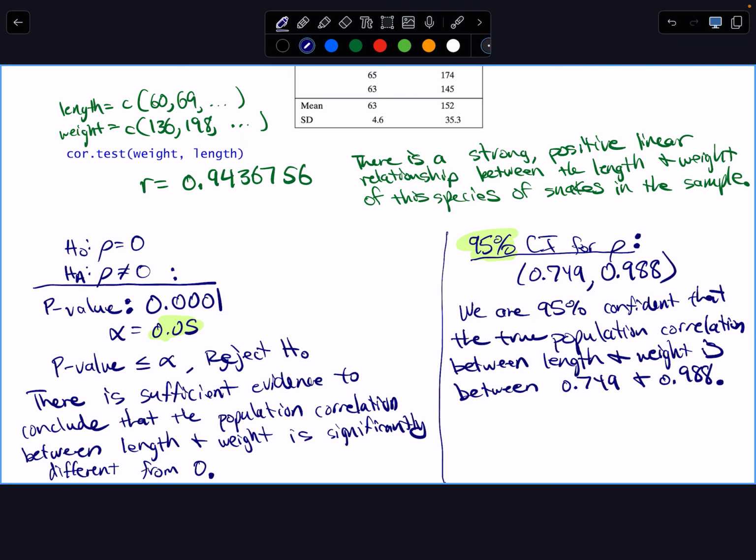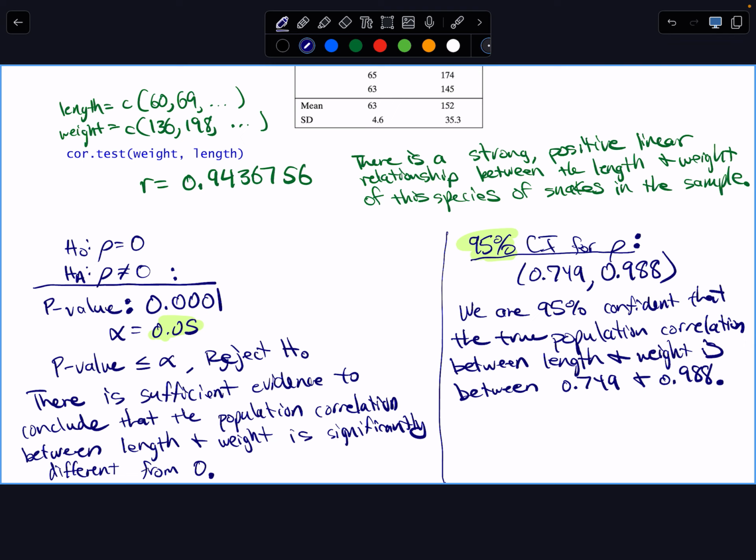So if I look at my number line and put my confidence interval on there, and I see that 0 is not in the bounds of that confidence interval, I'm going to reject my null, right? That is the case here. 0 is over here, 0.749 is here, 0.988 is there, right? That's evidence to reject the null.